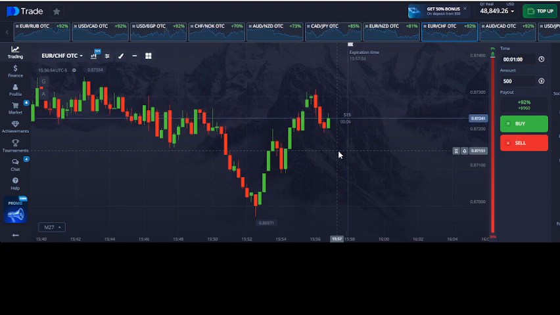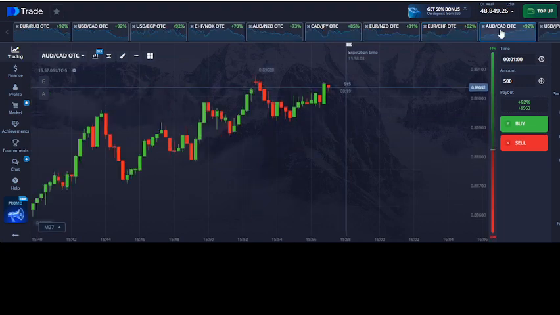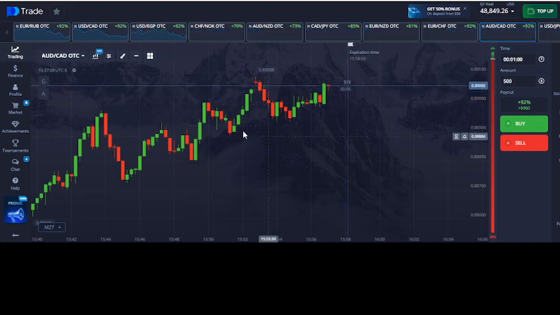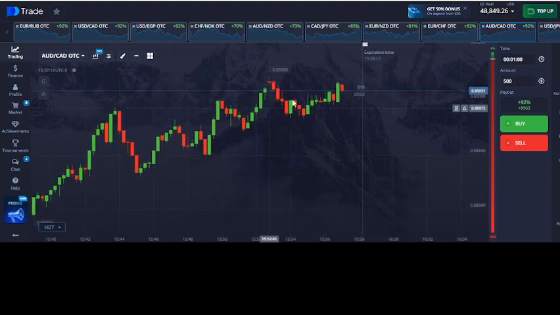All right, let's look for something more optimal. Aussie dollar, Canadian dollar, no. It was showing a bearish momentum, but now it seems to be consolidating here.